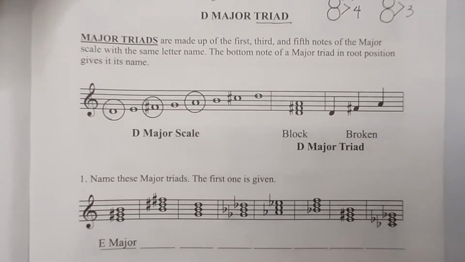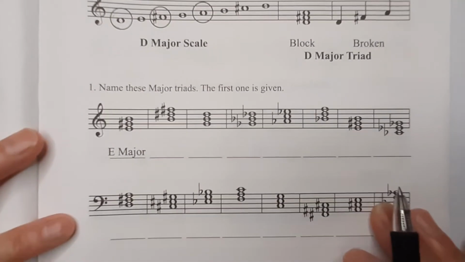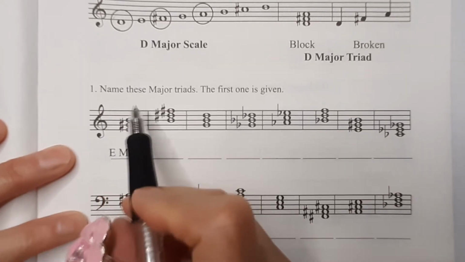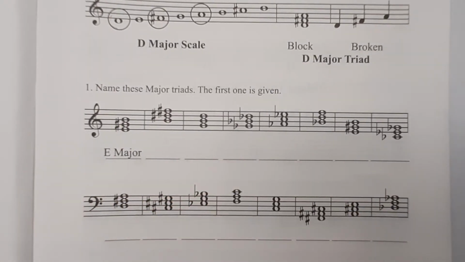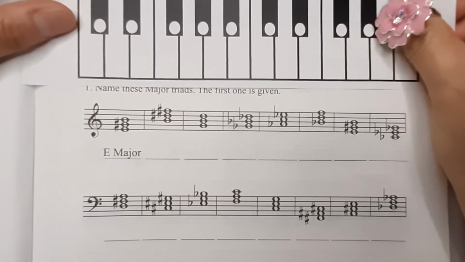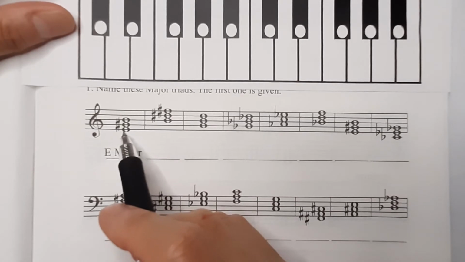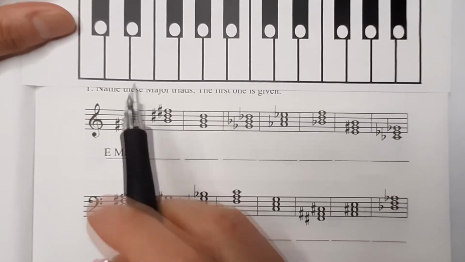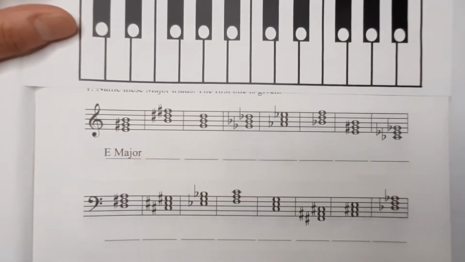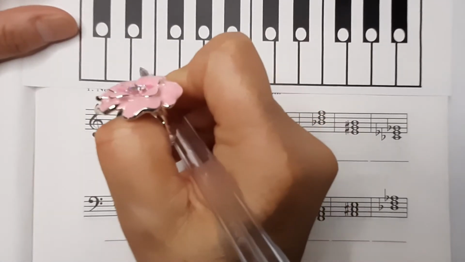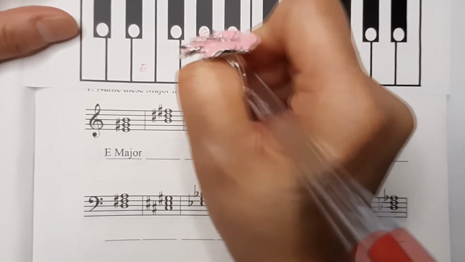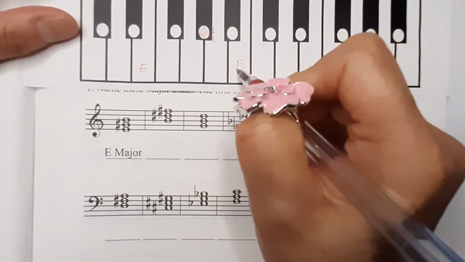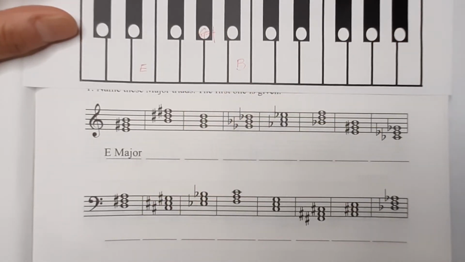Let's do number 1 now. Name these major triads. The first one is given. Okay. You have E, you have G sharp, and you have B. Here's E. You have G sharp, and you have B. All right, let's count the half steps now.